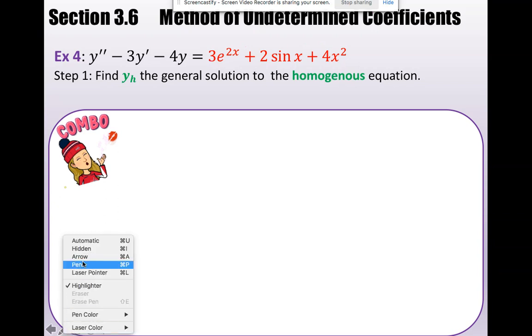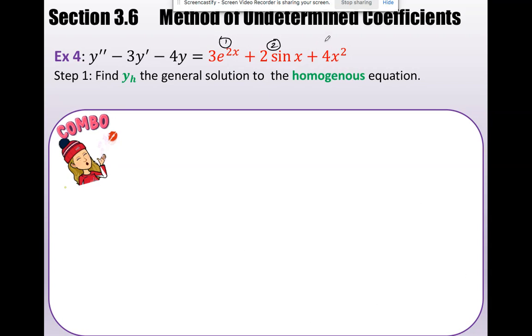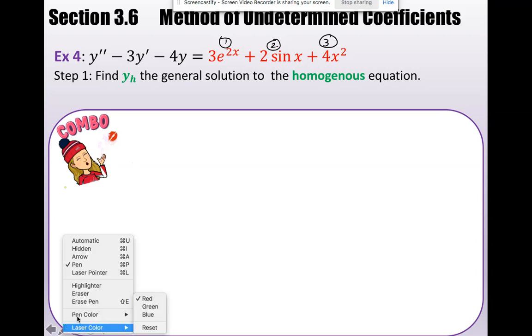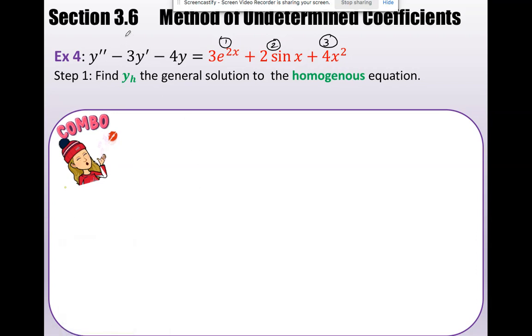Combos of problems. If this problem had just been given to me straight up, I would have done example 1, 2, and 3 first, separate problems, right? Actually, I would have done 1, the homogeneous, then 2, 3, 4, I should say.